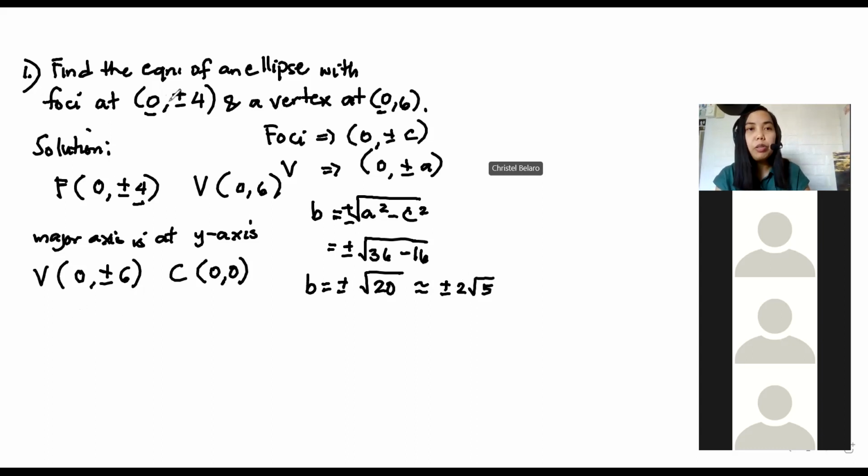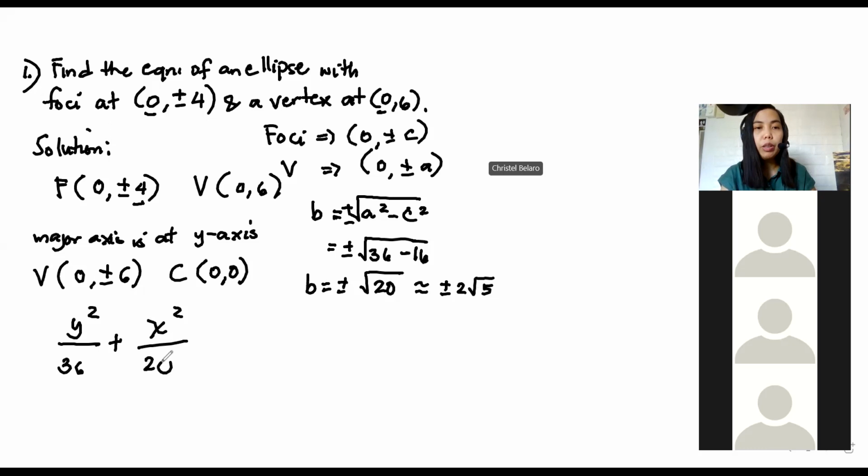Now the foci are on the y-axis, so we have y squared over 36 plus x squared over 20 equals 1. Or you can reverse it: x squared over 20 plus y squared over 36.